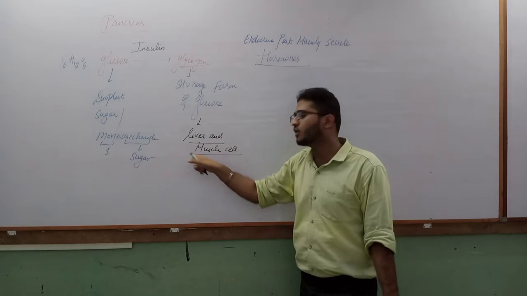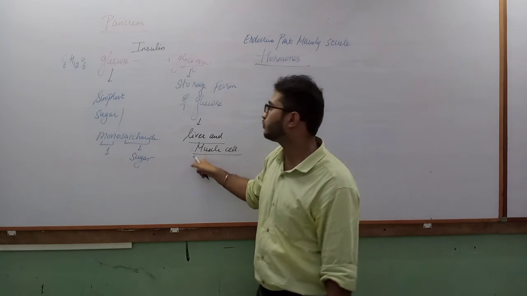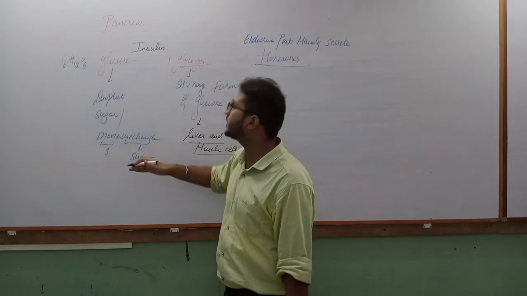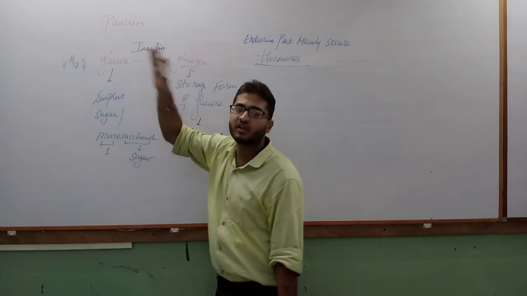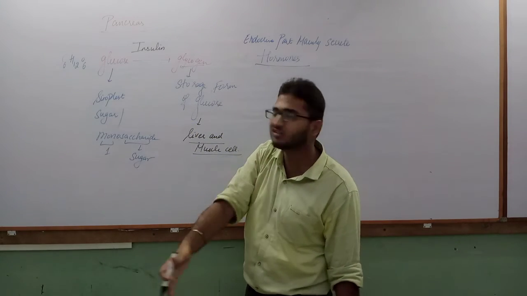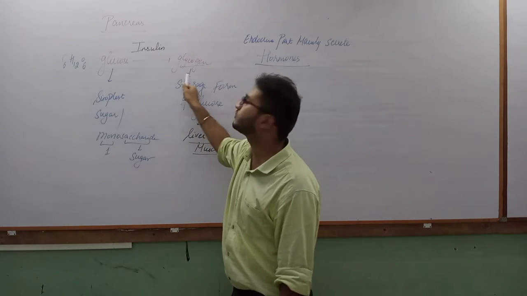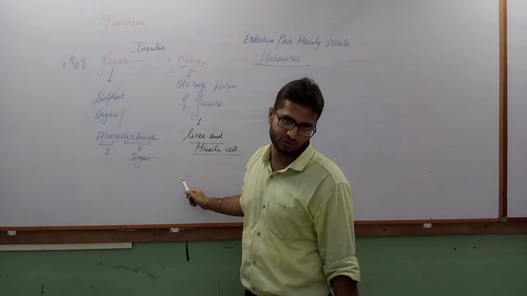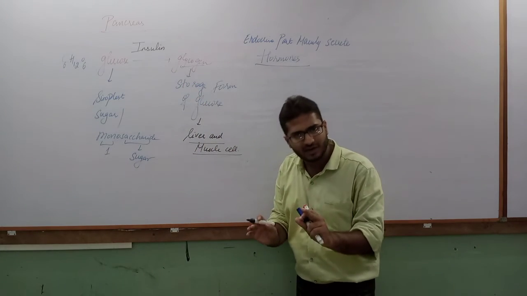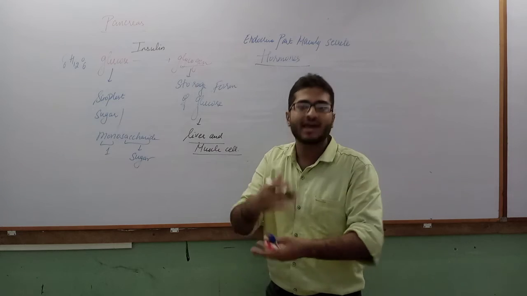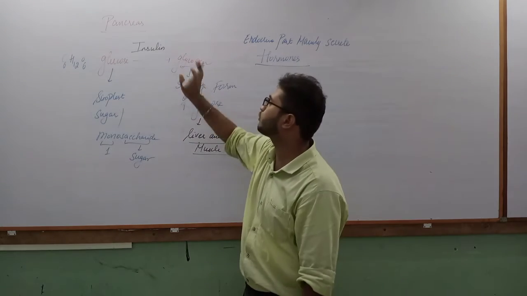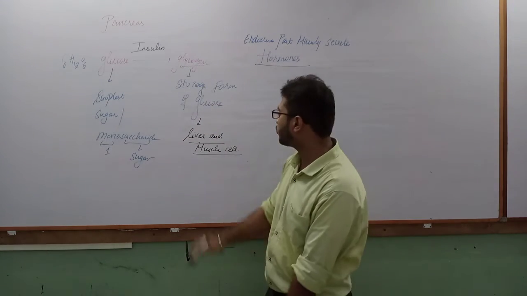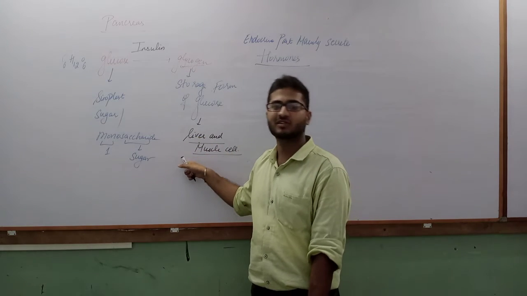Either in the liver or in the muscle cells. Whatever is required by the cell will remain in the cell. Excess glucose will be stored in the form of glycogen, either in the liver or muscle cells.